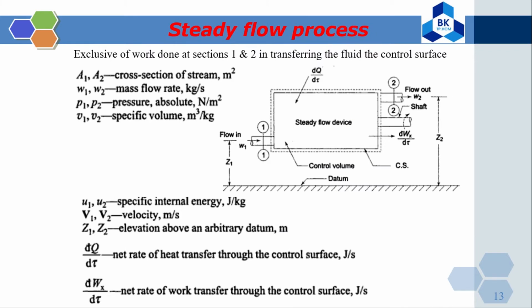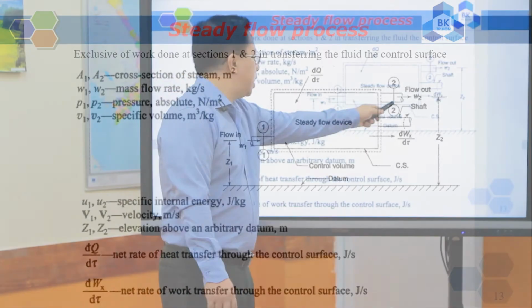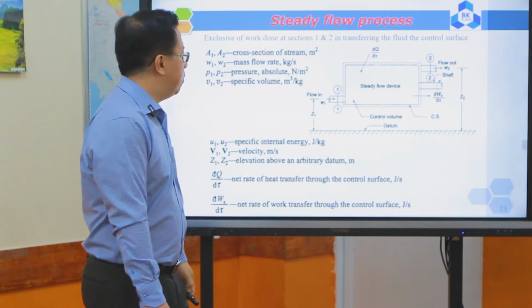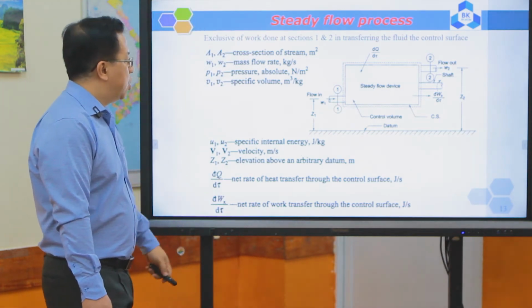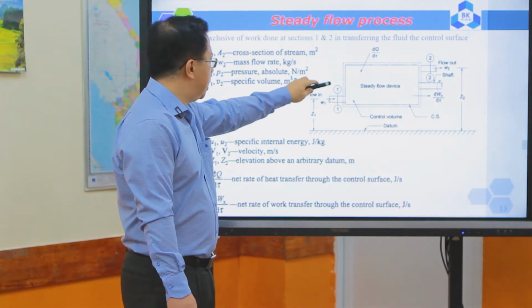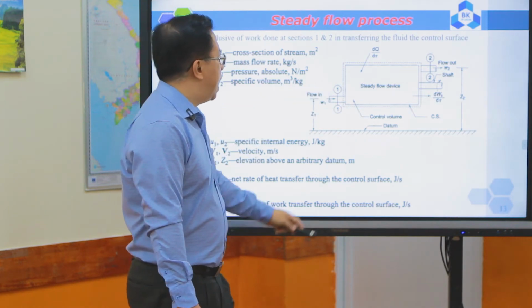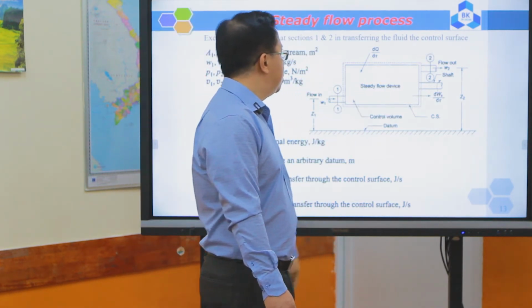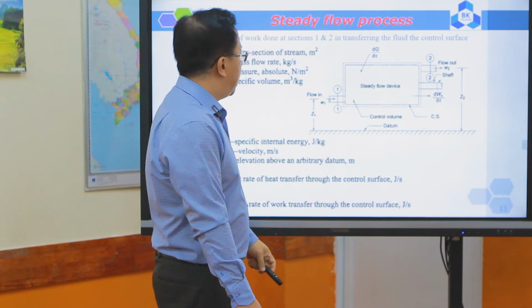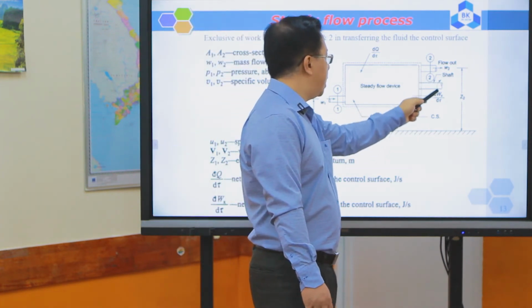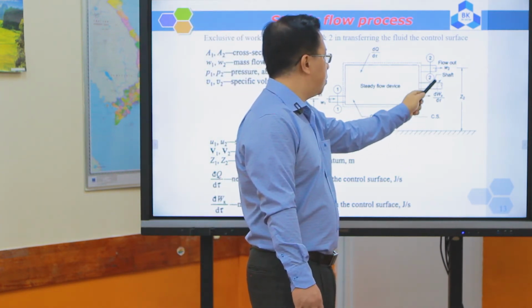Okay, look at this picture. This one is an example of a steady flow device. We have flow in at section 1-1 and flow out at section 2-2. Here is the shaft, and the work is produced in the shaft.